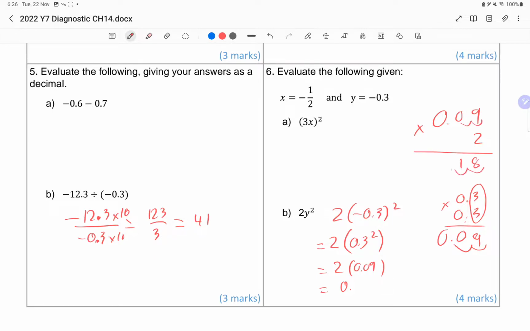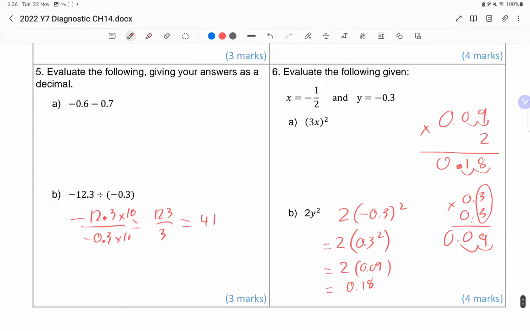How many? 2. So 0.18. Or you can think of it as 0.09 plus 0.09, which is 0.18. I think your decimal number multiplication is a little bit rusty. You should go back and practice that.